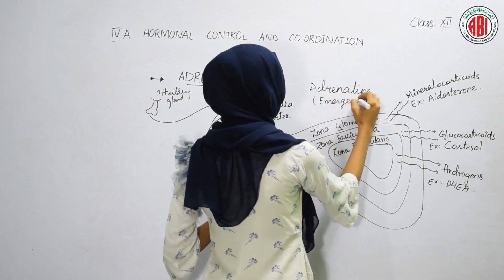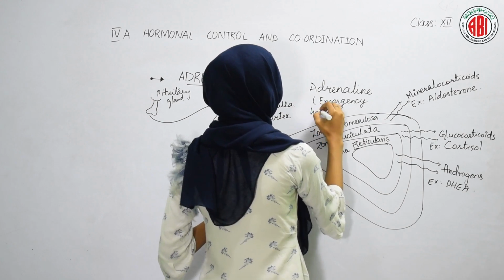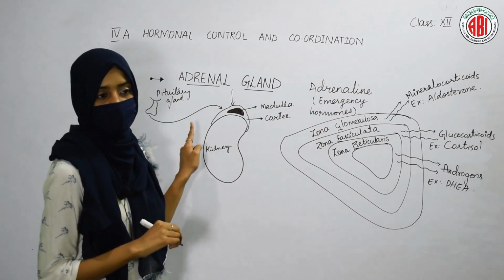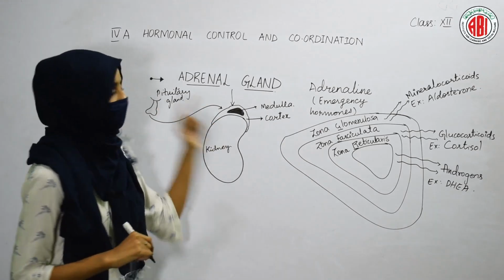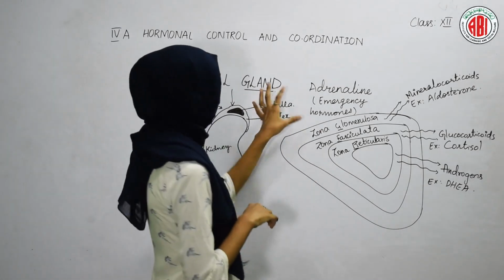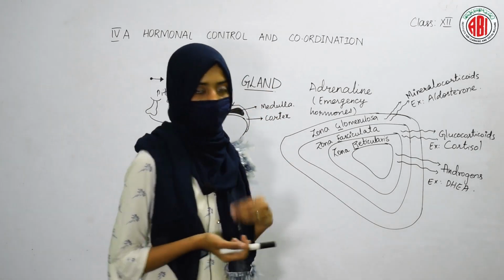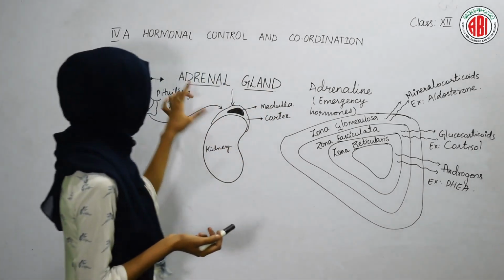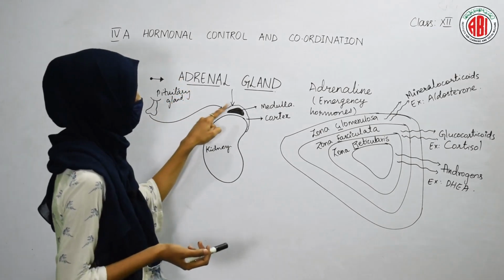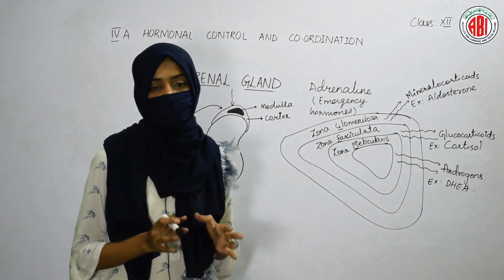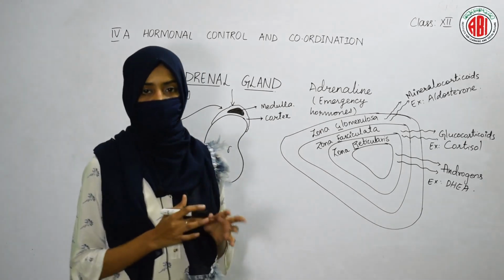So, in some emergency situations, the adrenal gland is responsible for secreting the emergency hormone. So, adrenaline is an emergency hormone. During some emergency situations only, in our body, the adrenal gland is responsible for secreting a hormone called adrenaline to show some changes in order to balance that situation.